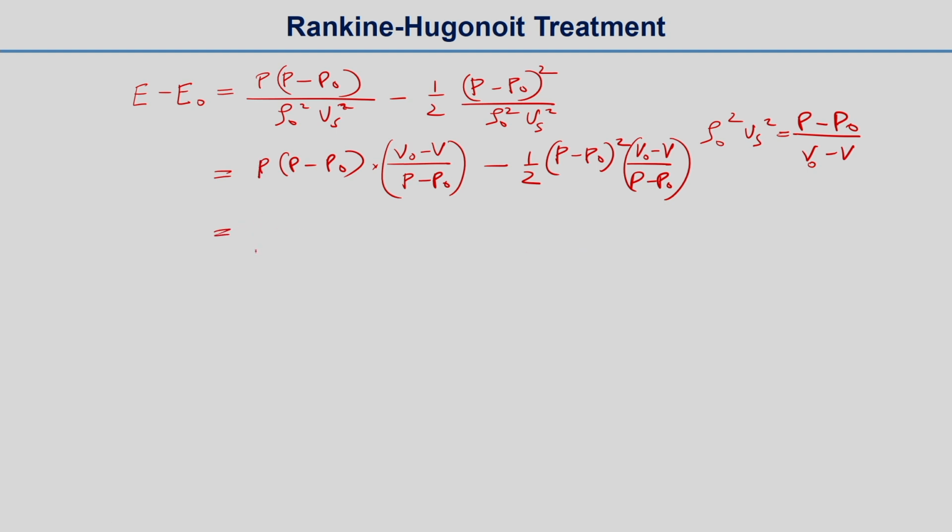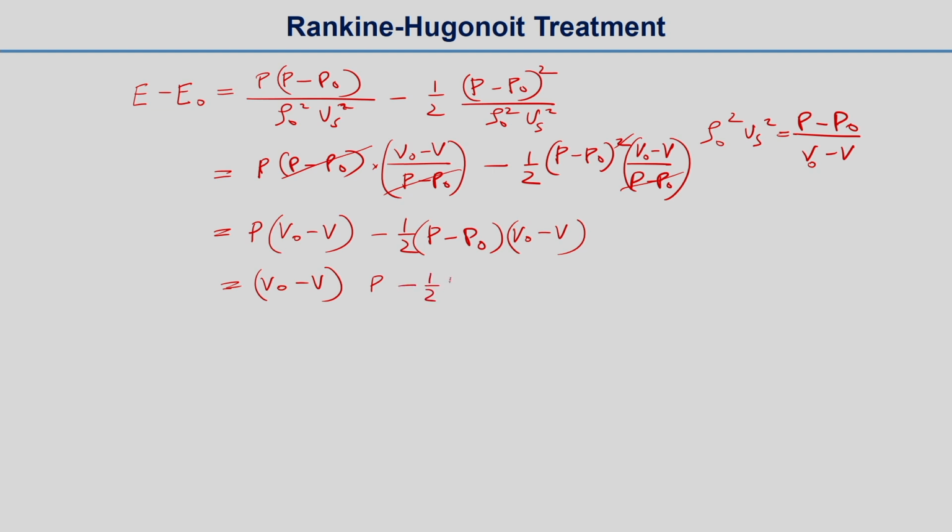So this actually cancels out, and we get P (V naught minus V) minus half of (P minus P naught)(V naught minus V). Taking (V naught minus V) out as a common factor, we get P minus half of P plus half of P naught, which will be equal to half of (P plus P naught)(V naught minus V).